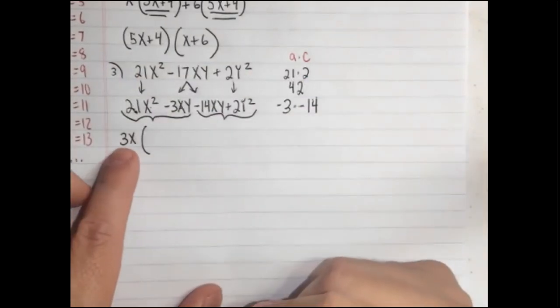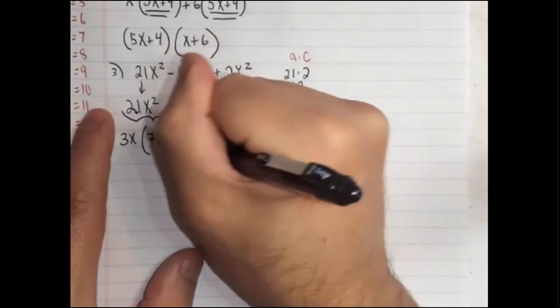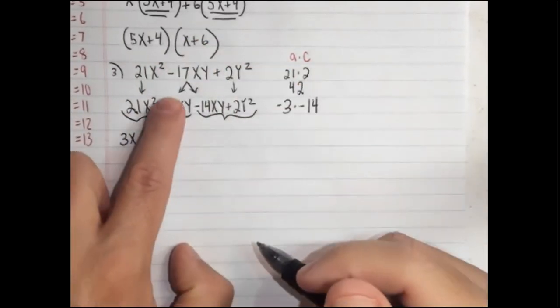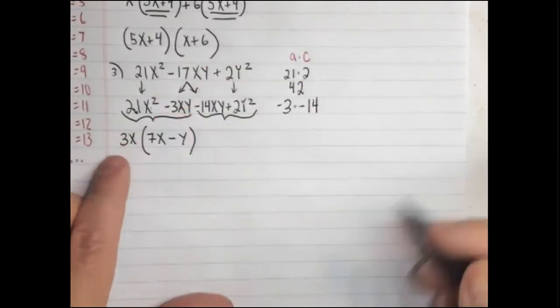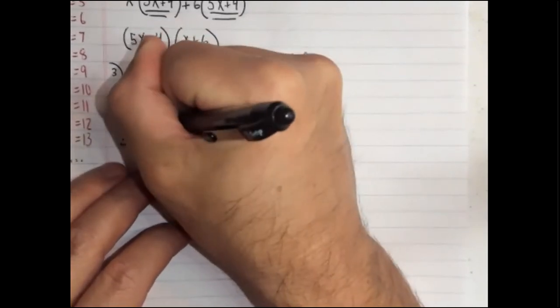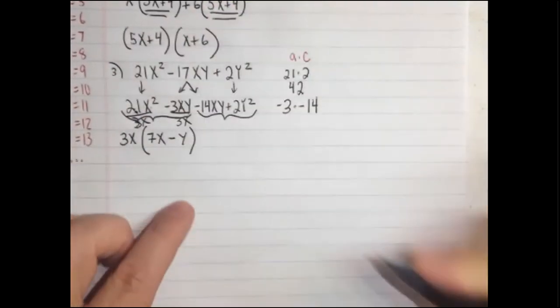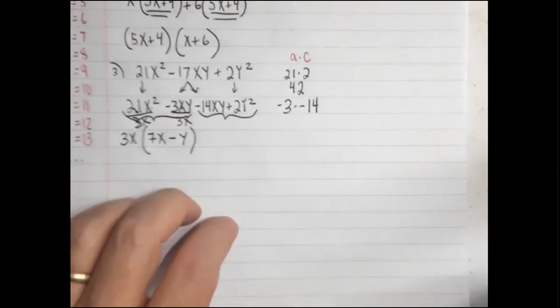So when I factor out that 3x, I'm going to get 7x minus, now the 3x's are going to cancel, so I'm going to be left with the y. Don't forget the y that's still there. And again, what I'm doing is dividing that 3x into both of them. I don't always write it up there, especially with my little grouping signs, because it gets a little sloppy. That's what we're doing.